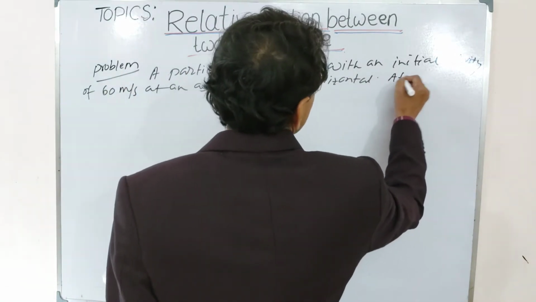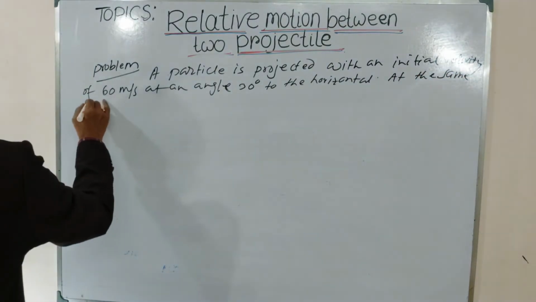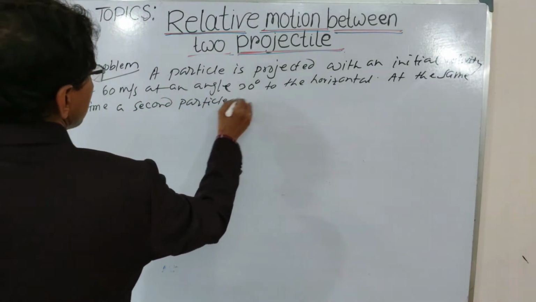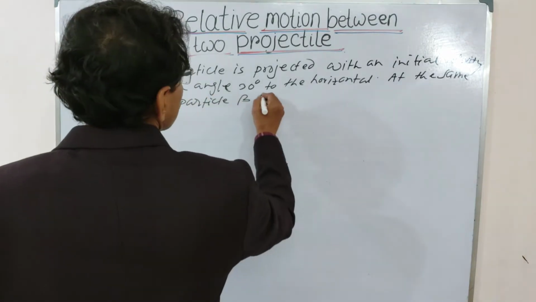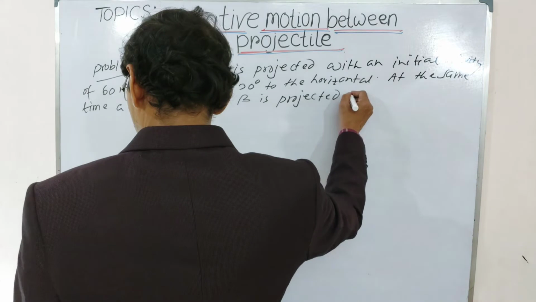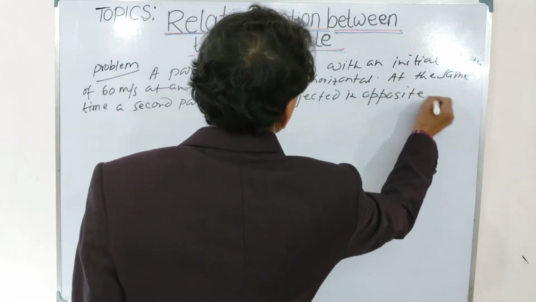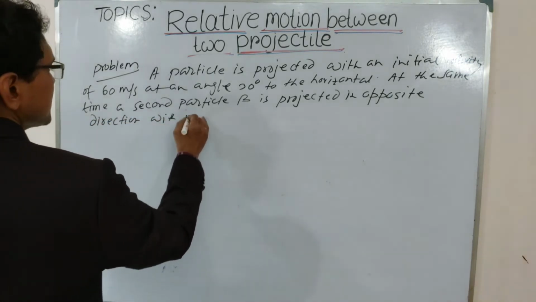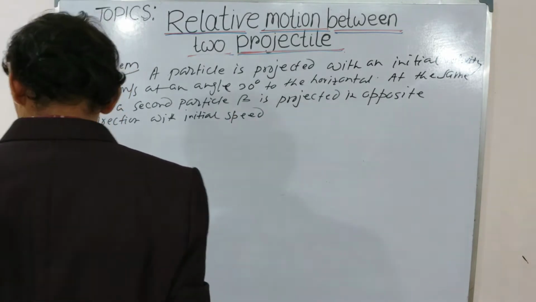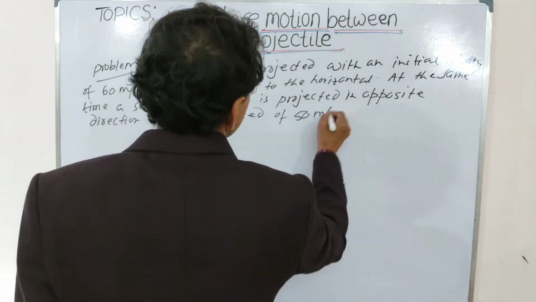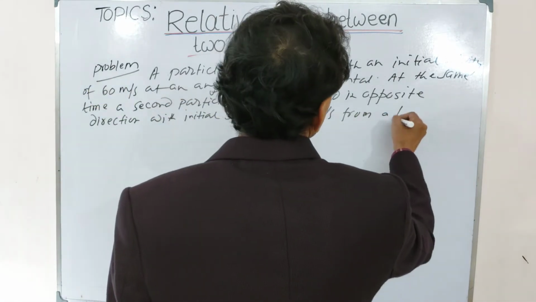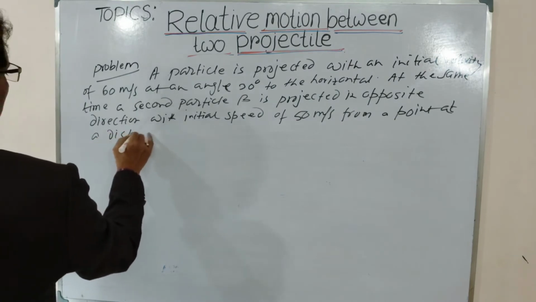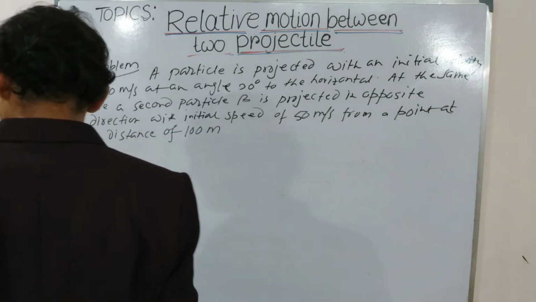At the same time, a second particle B is projected in the opposite direction with an initial speed of 50 meter per second from a point at a distance of 100 meter from A.